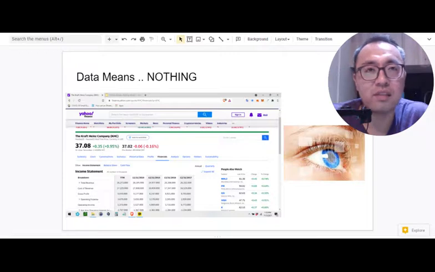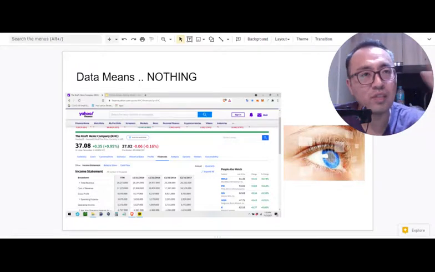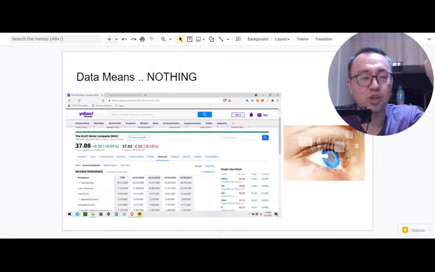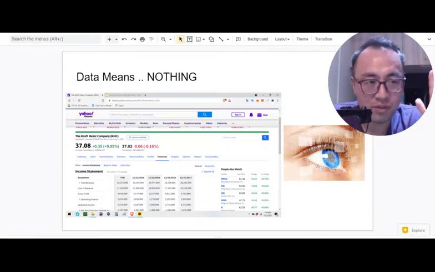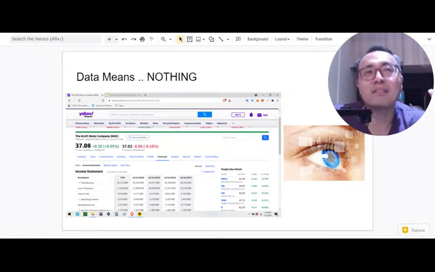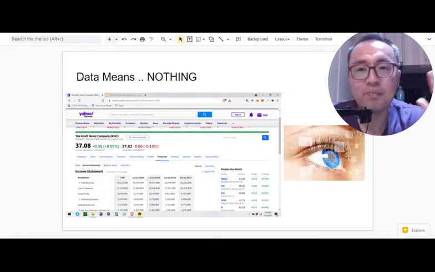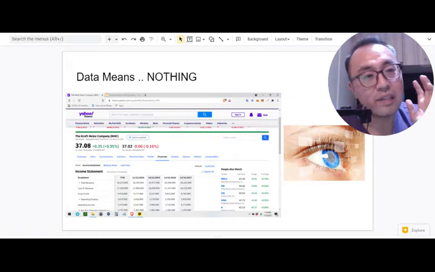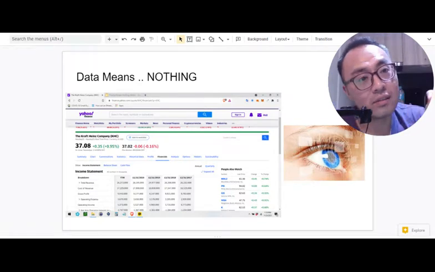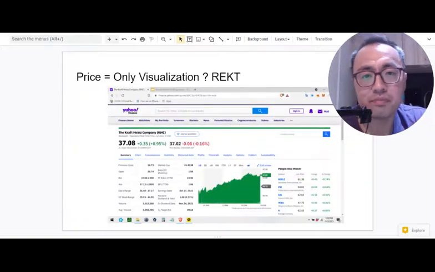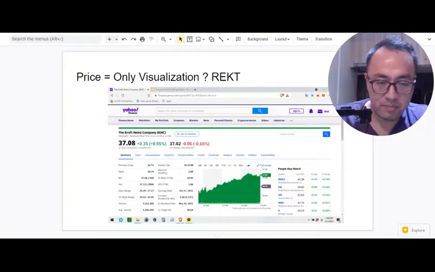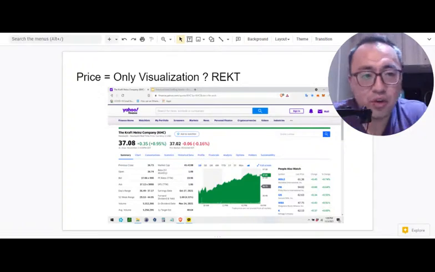The stuff you see through visualization, like graphs, charts, pictures, that information gets processed a billion times faster than the world's fastest computer could ever achieve, right? So data means nothing. Humans are really good at looking for patterns in charts and stuff like that. The reason I tell you this is because if you look at only the visualization of data, you're going to get wrecked.